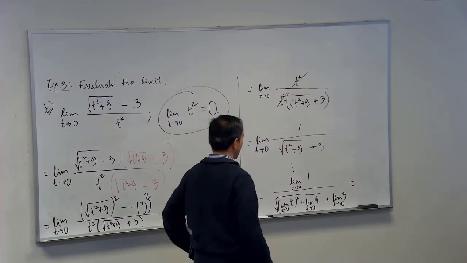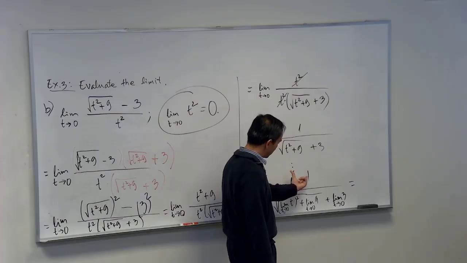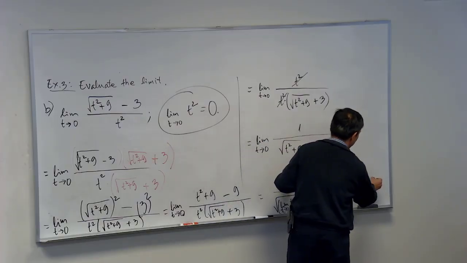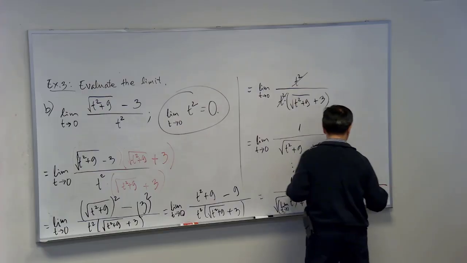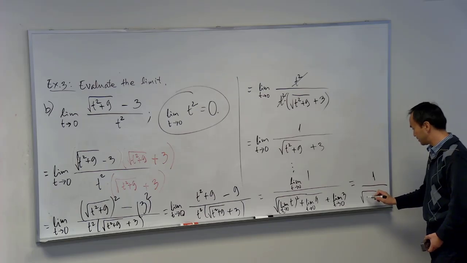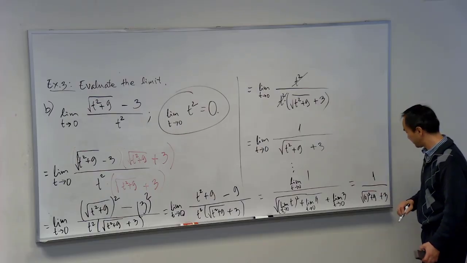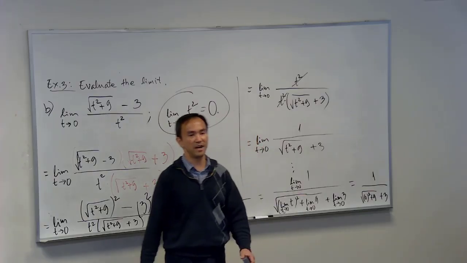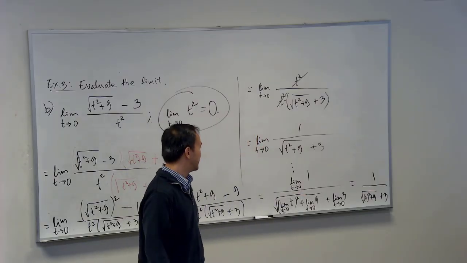So now when it comes to this point, we're just simply evaluating it. That limit is a 1, so we get 1 divided by the square root of 0 squared plus 9, and I'm adding 3. And so that's how we come to our final numerical answer.